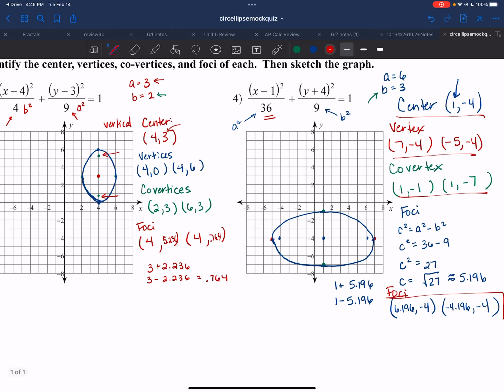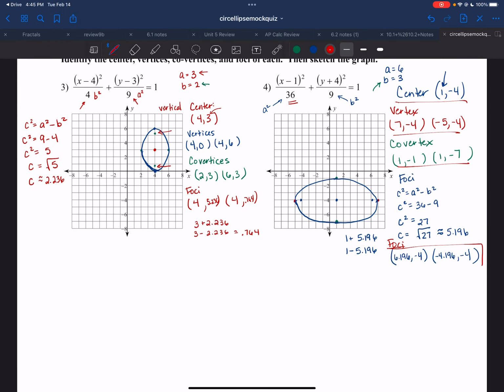Now, just a couple tidbits. If you have, let's say I have x squared plus y minus 3 squared over 16 equals 1. Okay, if there's nothing under this one, assume that it's over 1, and then that would be your b squared.